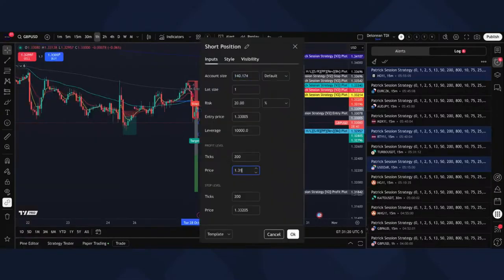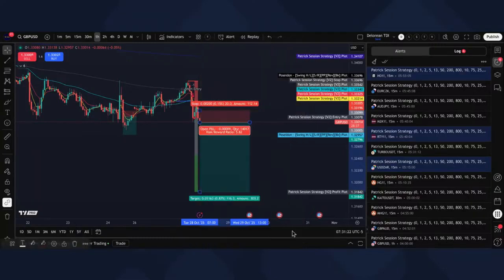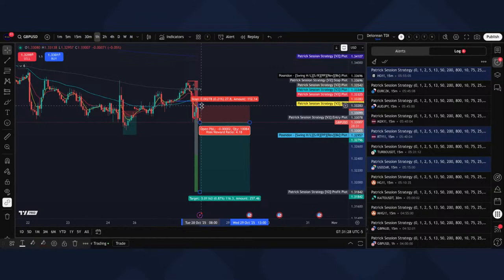Then we targeted 1.31842. 1.31842. That's one, two.